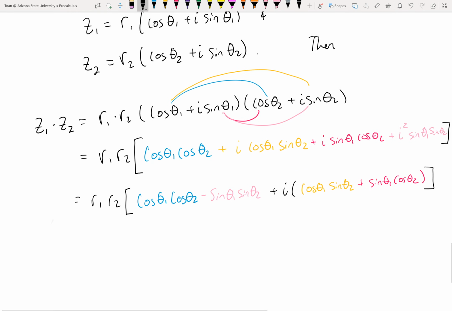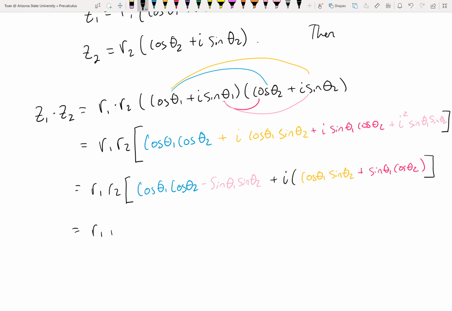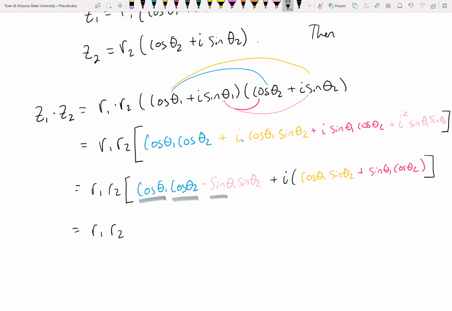Well, that's a very interesting pattern. Right? We've seen this before. This is cosine of the first angle times cosine of the second angle minus sine of the first angle, sine of the second angle. That is precisely the sum formula for cosine. We did this in Unit 7. That is precisely cosine of those two angles added to each other.